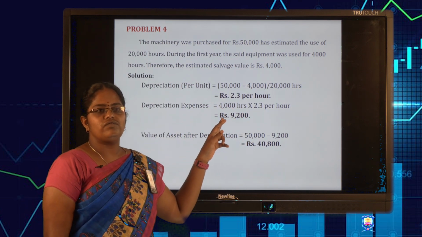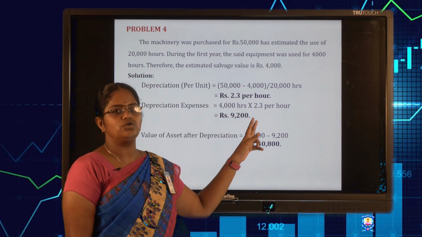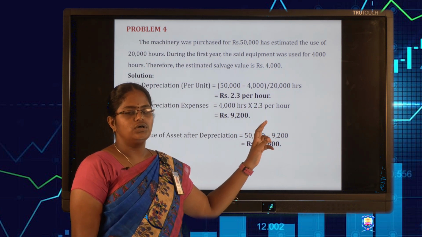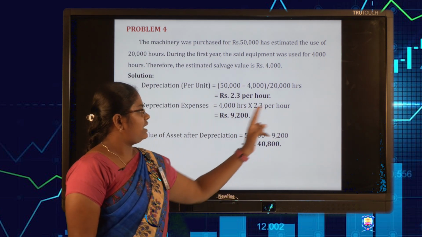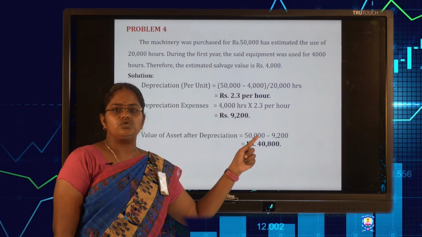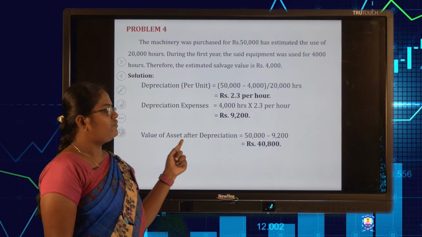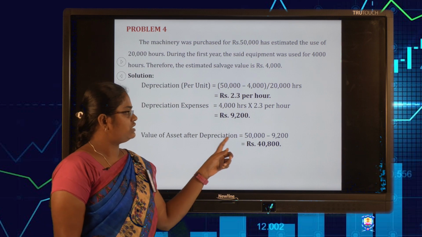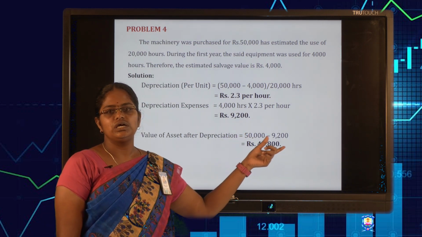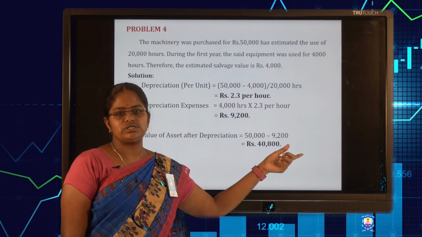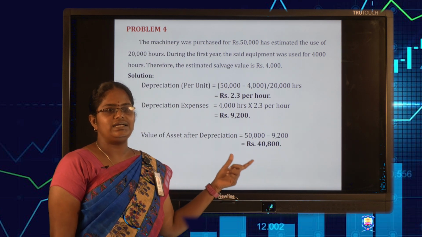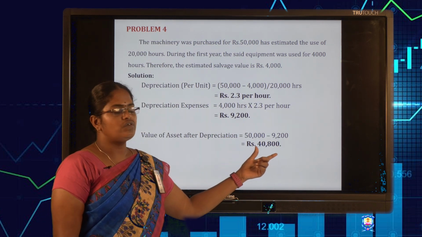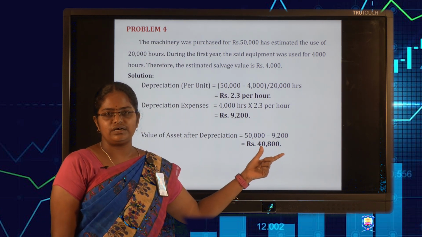Depreciation expense is equal to 4,000 hours into 2.3 per hour, already calculated, is equal to 9,200. So, total value of asset after depreciation is equal to total cost 50,000 minus depreciation 9,200. So, at the end of the year, the value of the asset is 40,800 only.